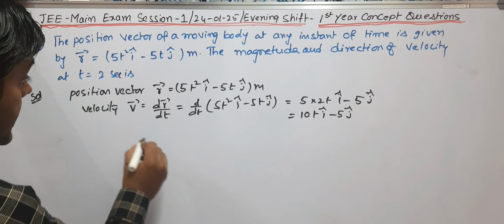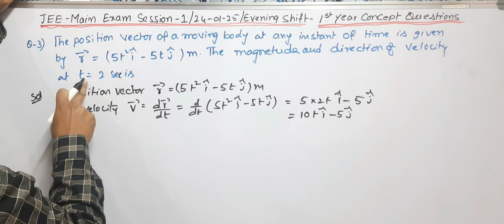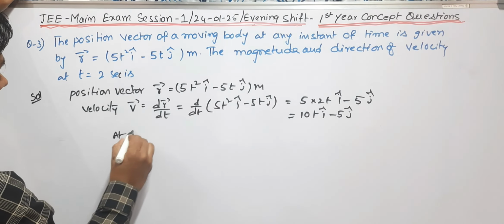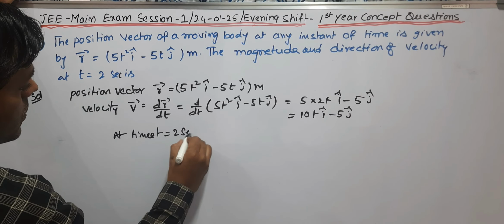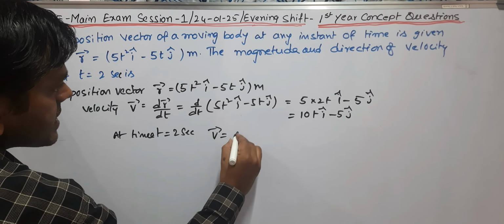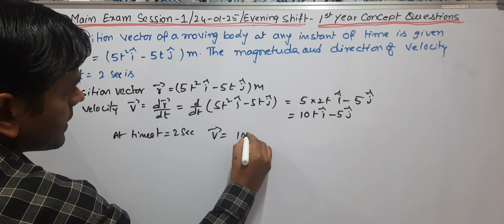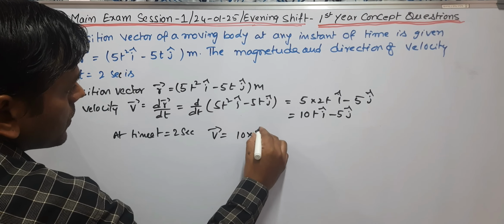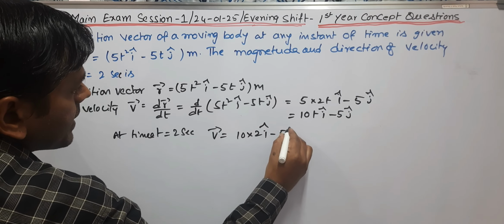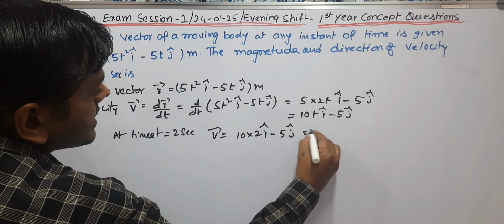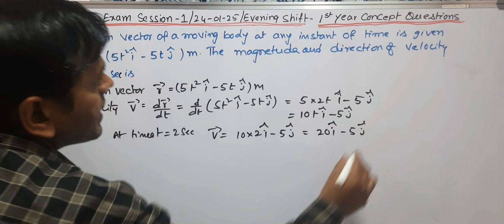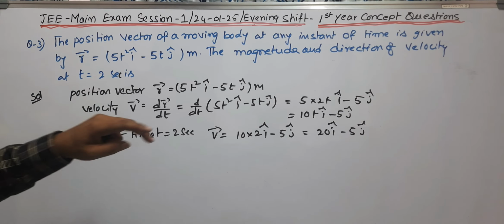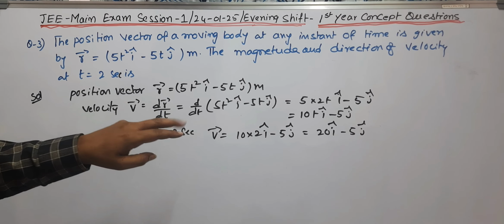But this velocity you should calculate at time t equal to 2 seconds. What is the velocity vector? 10 into 2 into i cap minus 5 j cap, that is 20 i cap minus 5 j cap.